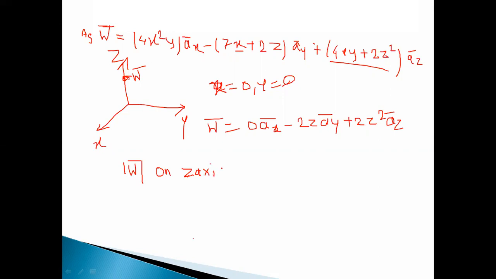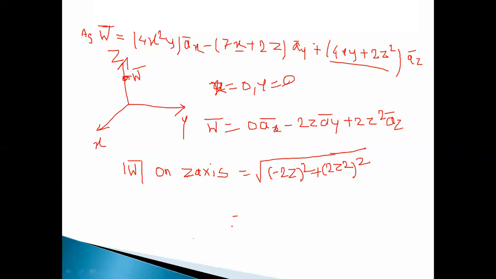Mod of w bar is the square root of minus 2z squared plus 2z squared, that is, 2z squared plus 4z squared. Okay, so it is equal to the square root of minus 2z squared and again its square.